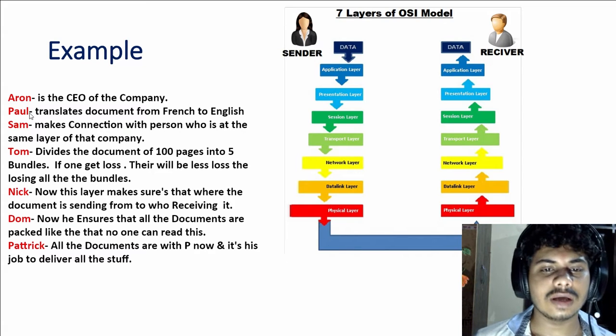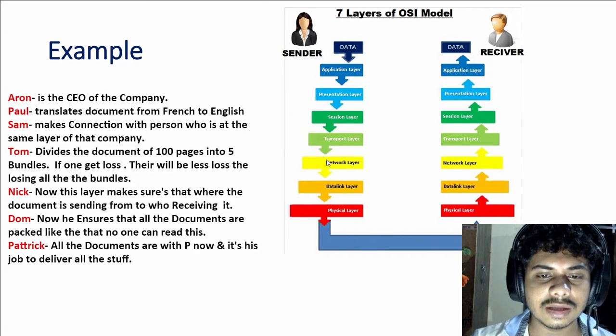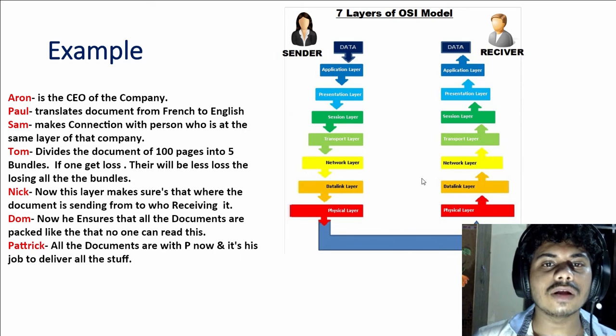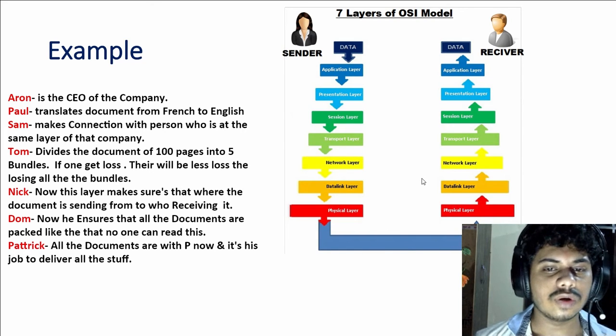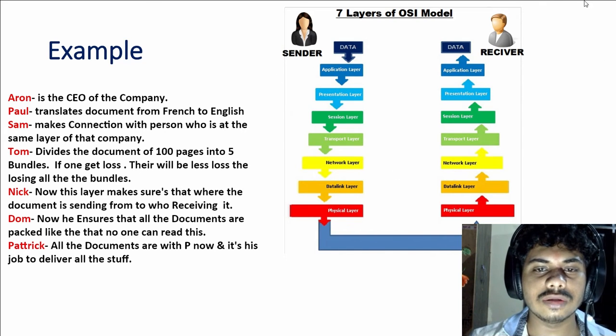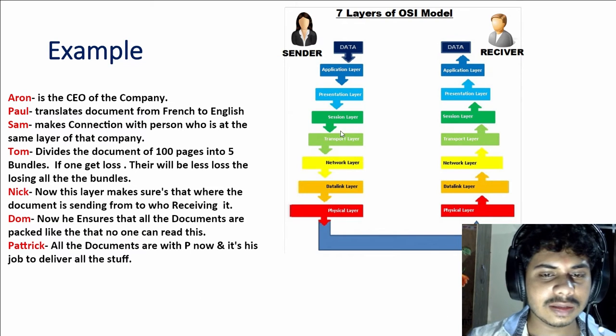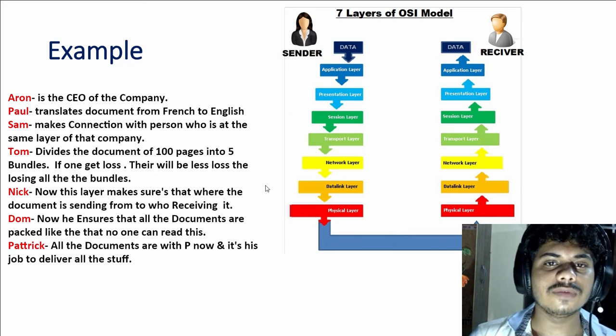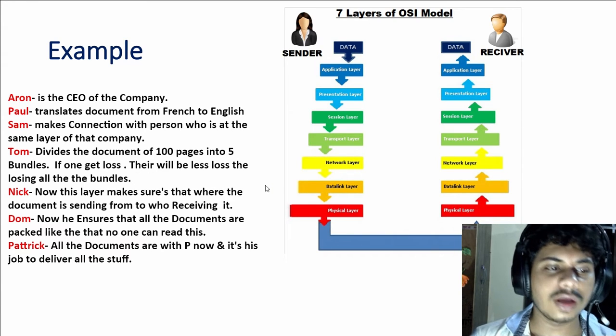So now what is Nick? You can relate that. Now I am at this layer. I'm talking about the offline process now. I'm not talking about what this layer does, but you can relate to what this layer does. Now what is the job of Nick here?